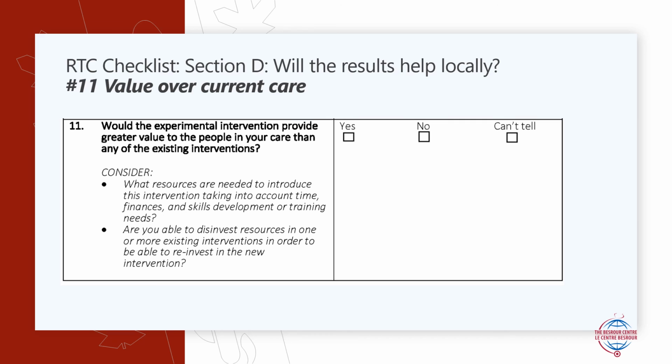And then we think about other issues around what resources are needed to introduce this intervention, taking into account time, finances, skills, or training required to implement the intervention, and whether local jurisdictions have the resources to adopt this intervention. Perhaps they would have to reinvest or move resources from one area to another, and is that justifiable or not?